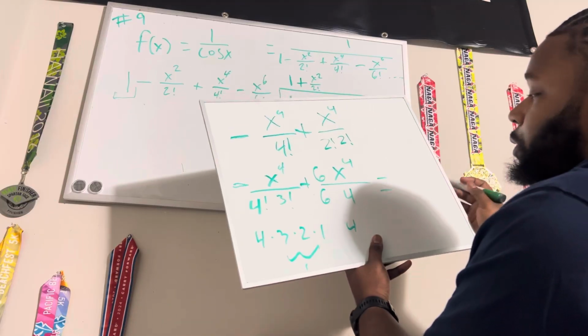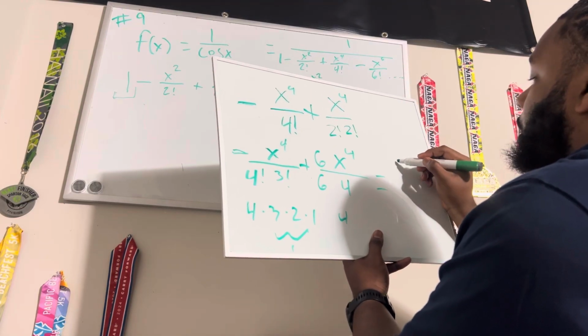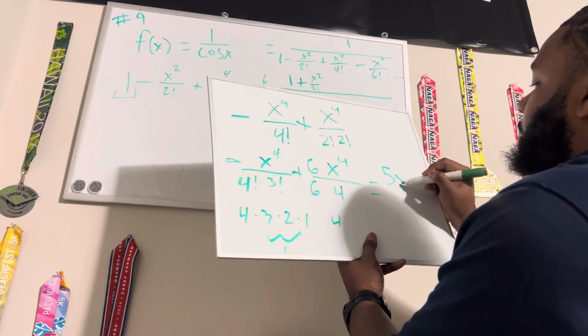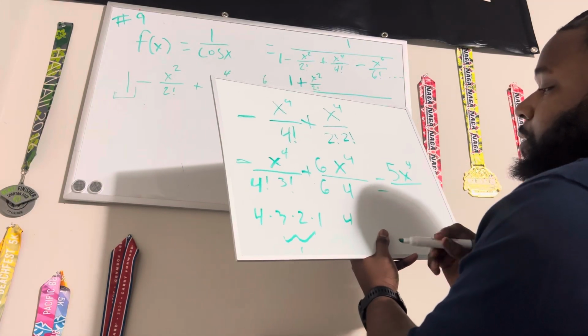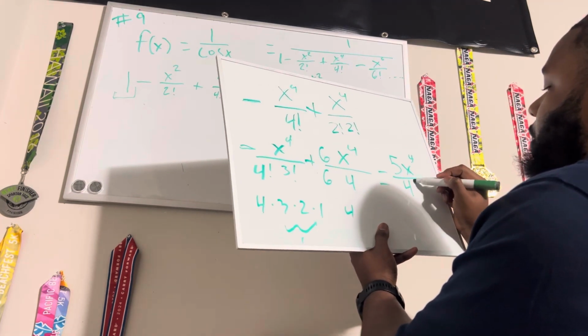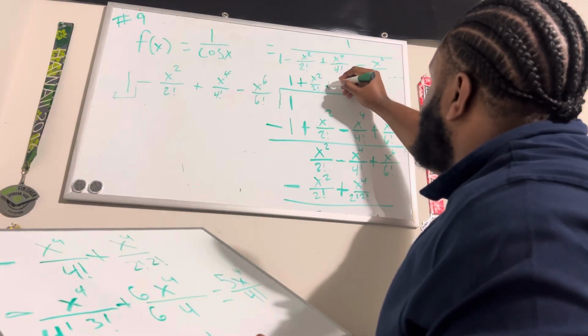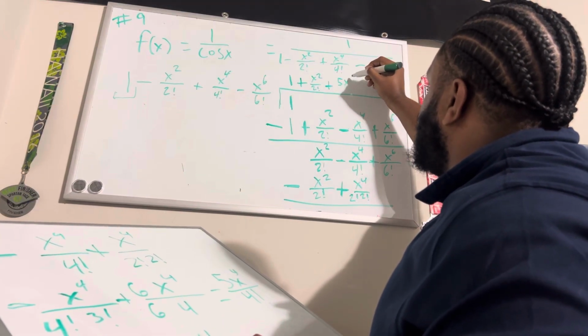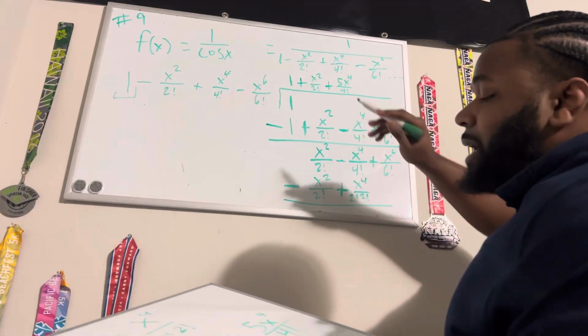Let's add this together. We have a positive x to the 4th over 6 times 4, which is 24, or we can just use 4 factorial. And it's a positive. Positive 5x to the 4th over 4 factorial, and that is the answer.